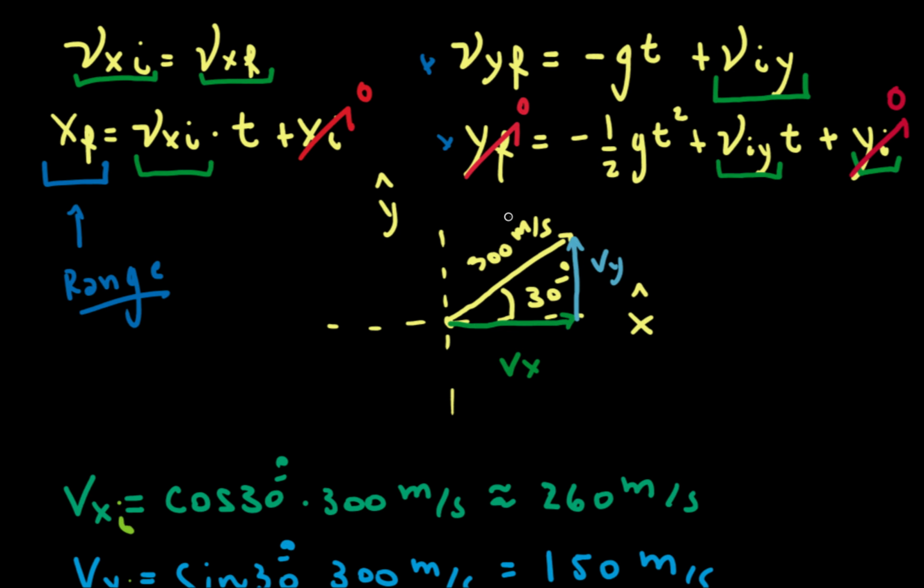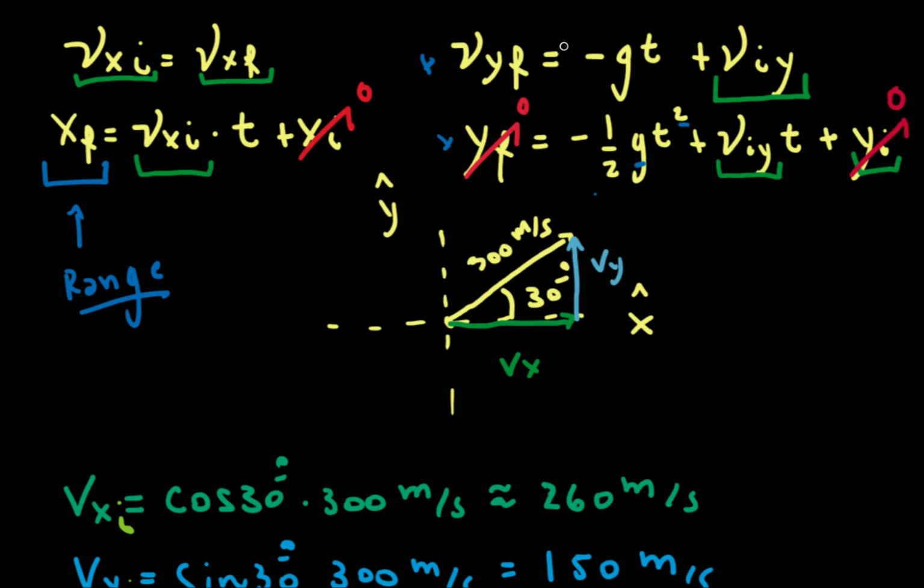And this is where a couple of tricks can come in really useful. You can use this one right here to find time because you know what g is. The only thing you have left is time, right? There's a square here, and I tend to, just for preference, avoid these. It is pretty simple when you end up doing it, but I want to show you how to use velocity inversion.